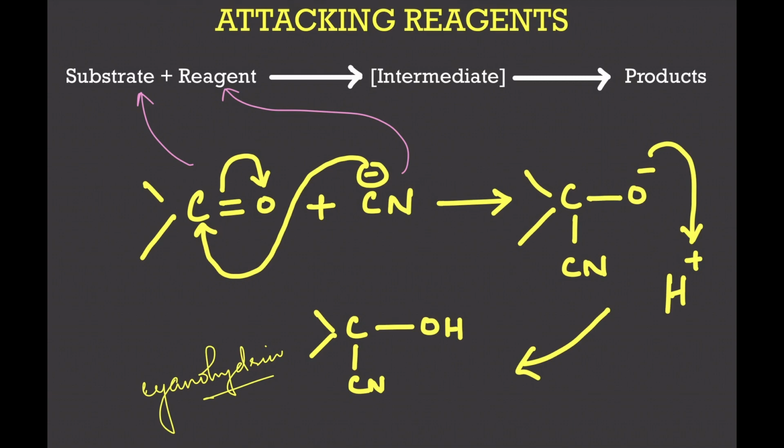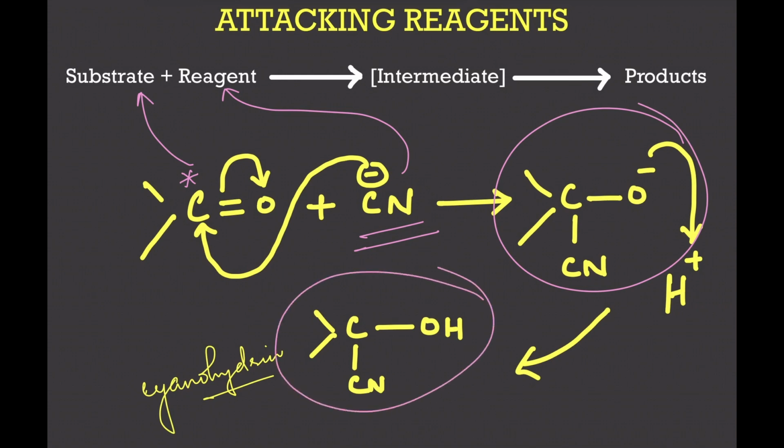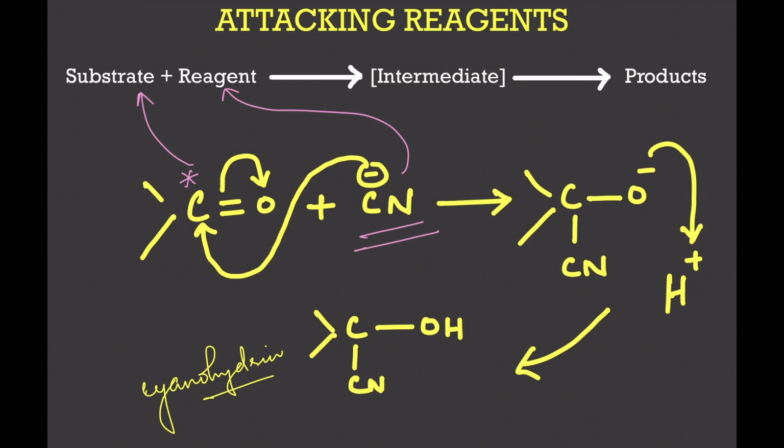And in this particular example, the carbonyl compound is acting as a substrate. This is the attacking site or the active center of the molecule, and cyanide ion is acting as the attacking reagent here, and it is giving rise to an intermediate, this, and the intermediate then further decomposes to give us the product. So this is how we can understand what an attacking reagent is.